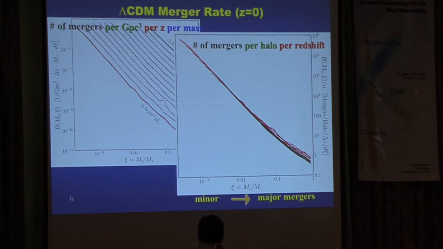Meaning there is a roughly universal form, or a very weak mass dependence, for merger rates. The y-axis is a very convenient dimensionless number: the mean number of mergers per halo per redshift. Another way to view this is the fraction of halos undergoing mergers for a given mass bin and a given mass ratio. Okay.